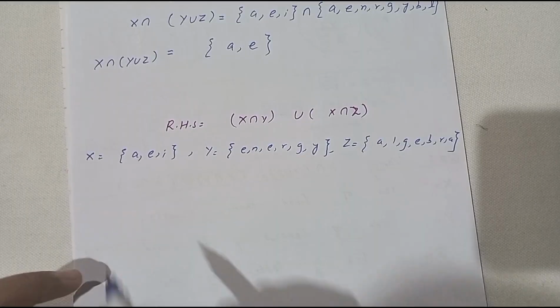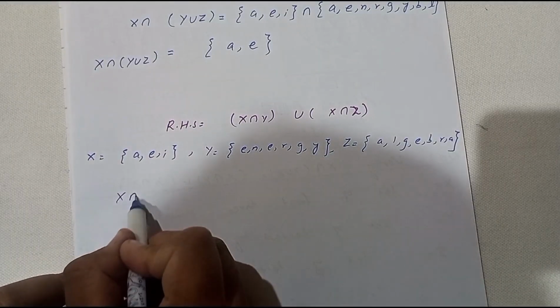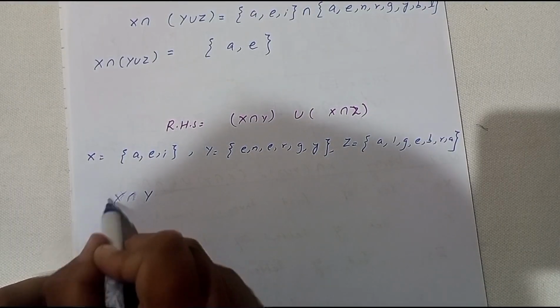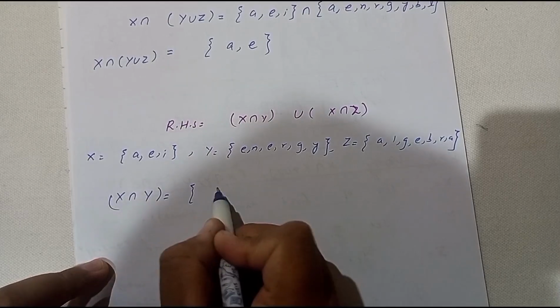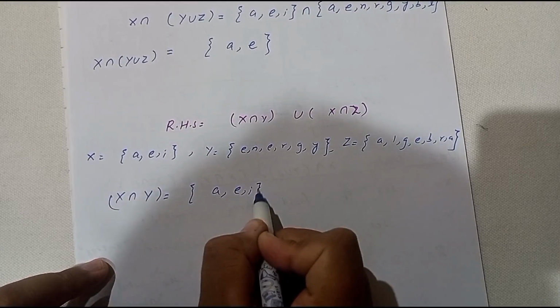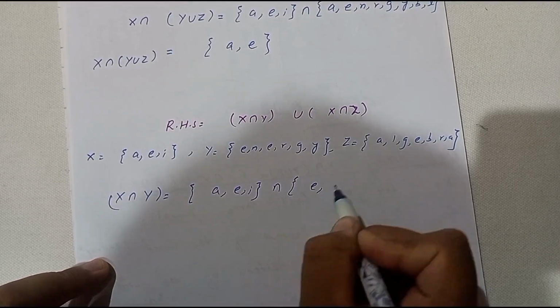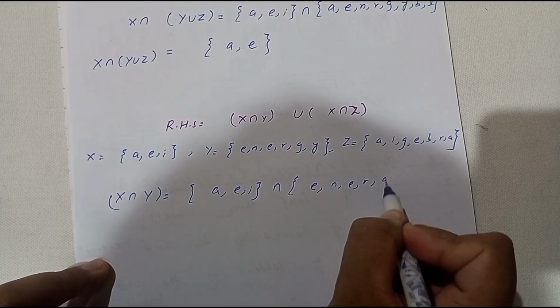Now we find the right hand side, in which first we find X intersection Y. So we write the elements of X as A, E, I and the intersection with the Y set.